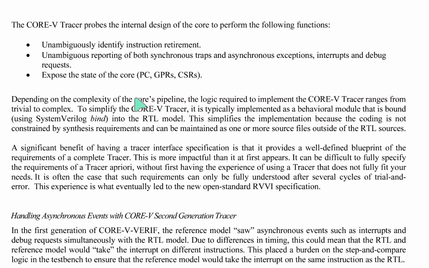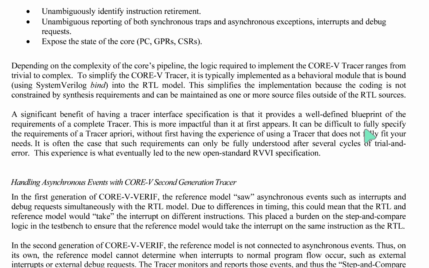Depending on the complexity of the core pipeline, the logic required to implement the CORE-V tracer ranges from trivial to complex. The CORE-V tracer is typically implemented as a behavioral module that is bound using a SystemVerilog bind into an RTL model. This simplifies the implementation because the coding is not constrained by synthesis requirements and can be maintained as one or more source files outside the RTL sources.